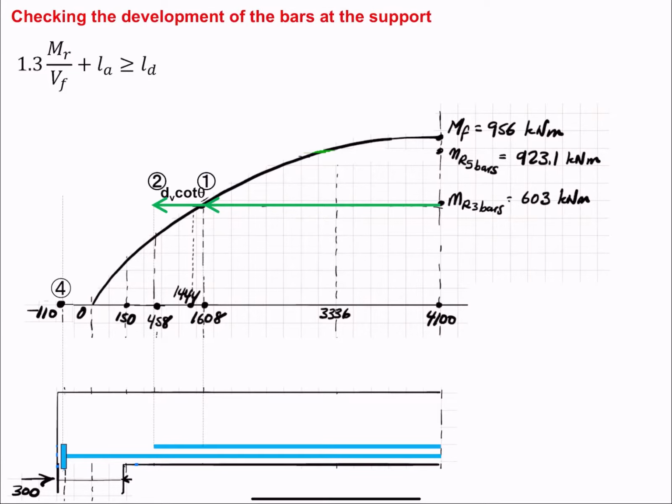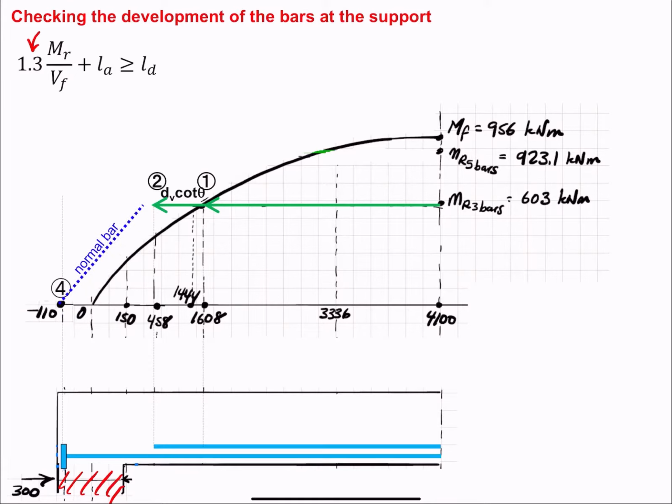If we had the space to place our bar, we would have to check the slopes, making sure that the slope of the resisting moment is bigger than the slope of the factored moment. And since we have a strong support in compression, we will be able to use this equation where we check the slopes with the 1.3 parameter.